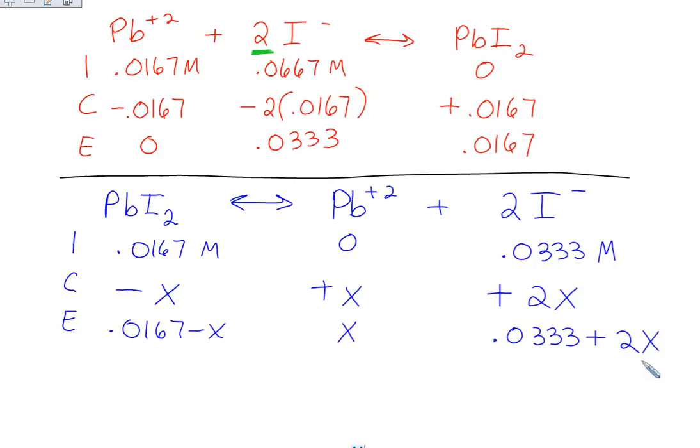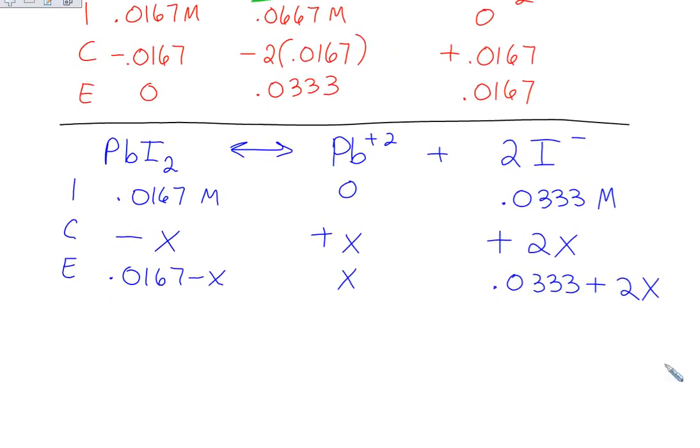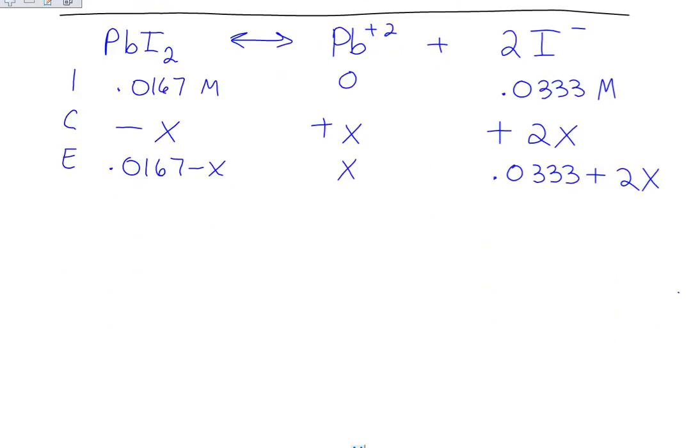This might be one of the craziest problems you'll do all year. I mean, this has got a lot going on, doesn't it? Well, all we have to do now is set this up and solve for x, right? That's not so bad. They gave me the K value. Originally in the problem, they gave me the Ksp for the lead iodide.